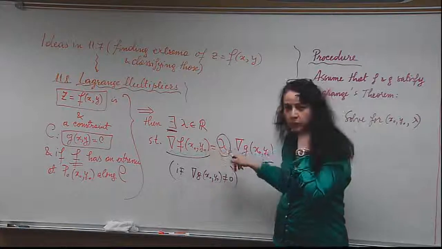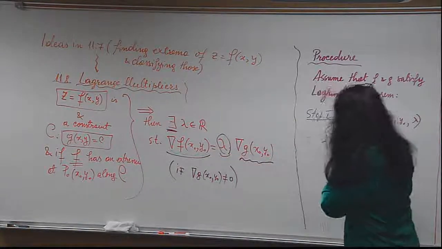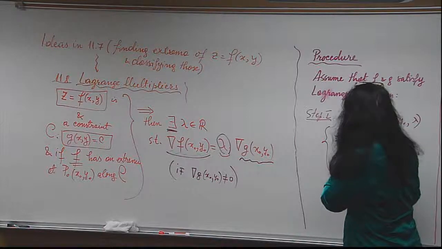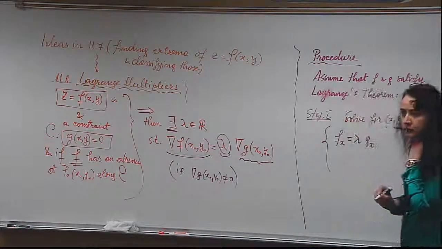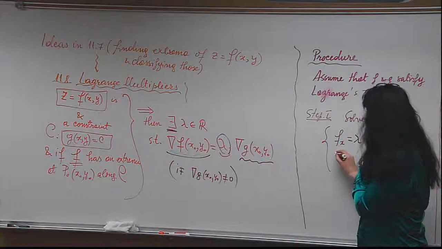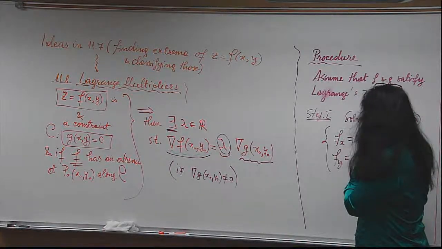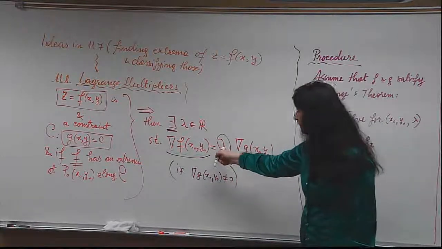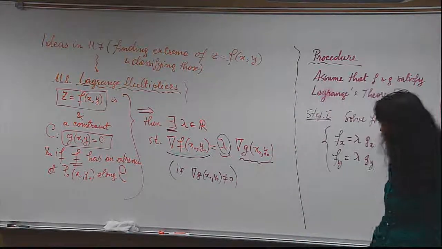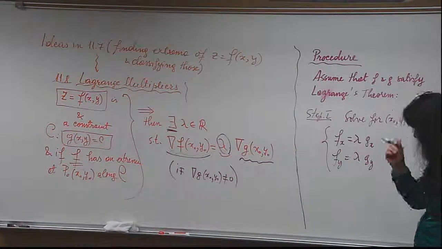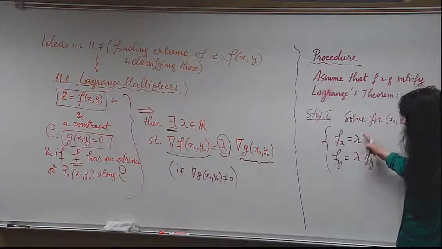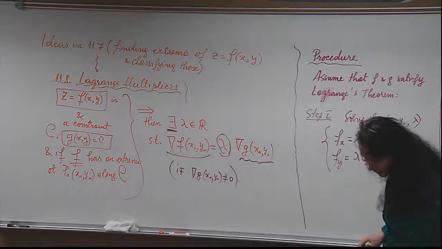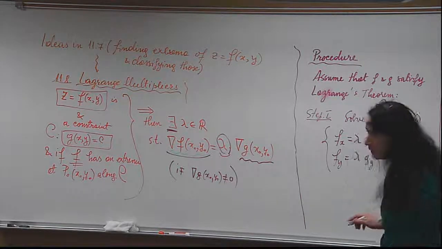For them to be proportional, you should have that f sub x equals g sub x times lambda, right? And f sub y equals g sub y times lambda, for the same lambda, your hero here. So both coordinates have to be multiplied by the same lambda to get you the other partial derivative. And it has to be evaluated at that point.